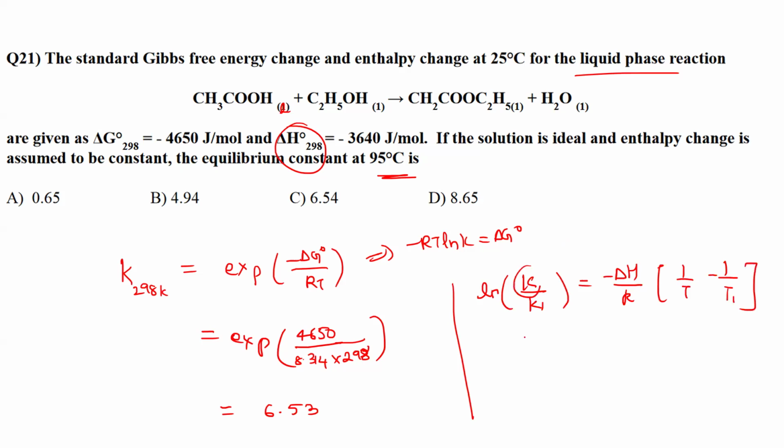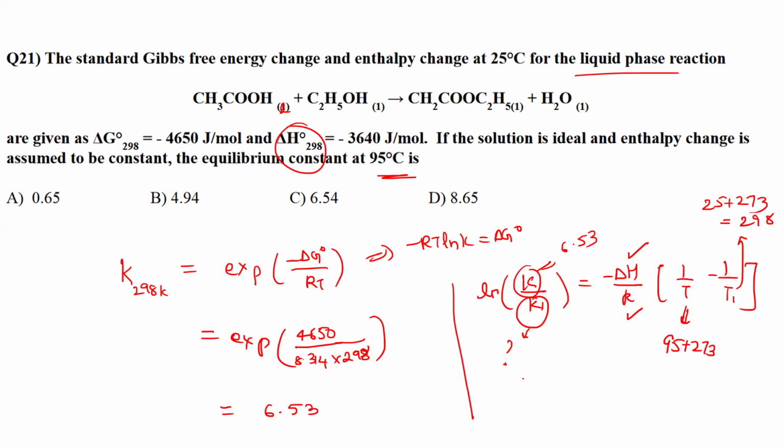I want to know this K. Delta H is given, R is known, and temperature T is 95 plus 273, and T1 equal to 25 plus 273, which is actually 298.